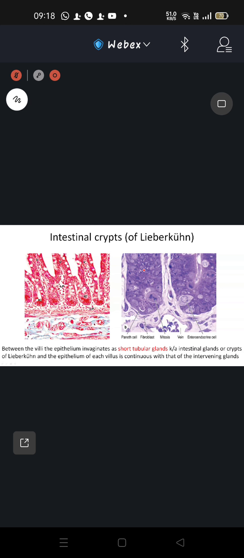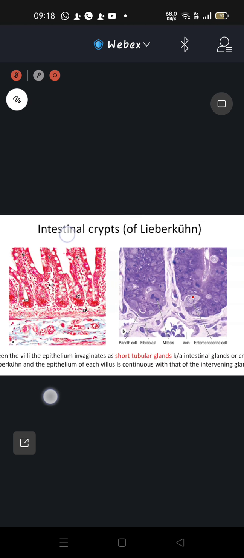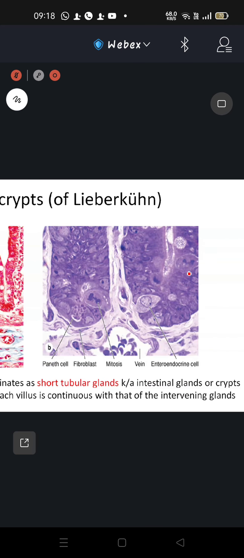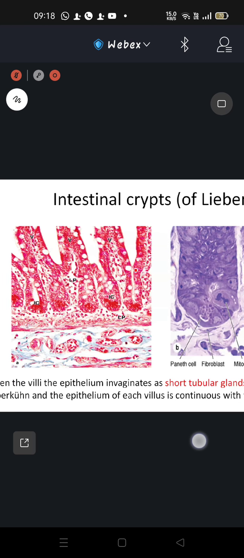This is an enlarged view. Also here you can see the basal portion of the intestinal gland shown here. You can see plenty of cells which are pouring their secretion into this intestinal crypt, and they are finally opening into this intravillous space.